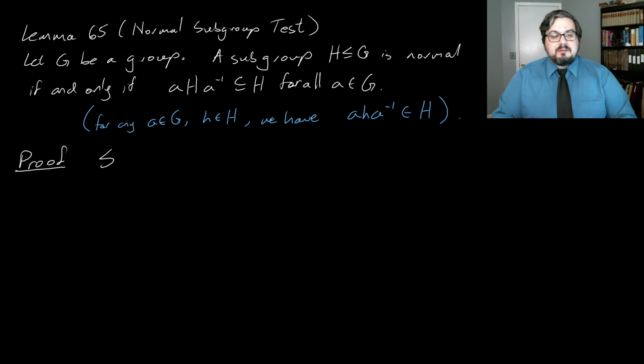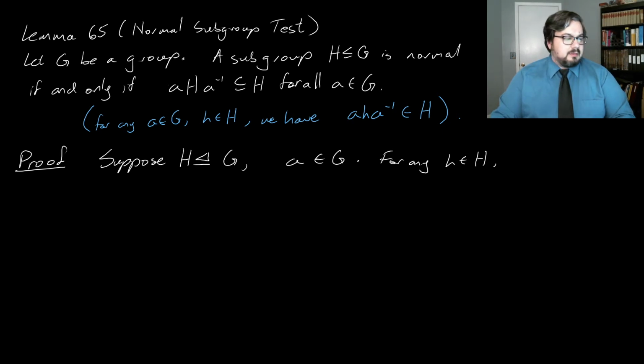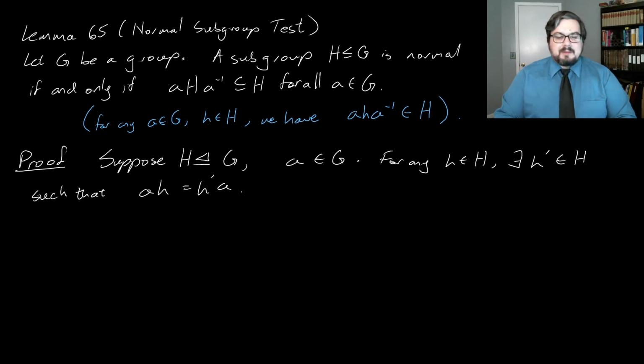We need to prove an if and only if, so let's first suppose that H is a normal subgroup of G. Now remember, this means that aH equals Ha for any element a of G. Suppose H is a normal subgroup of G, and let a be in G. For any little h in big H, there exists an h' in H such that ah equals h'a.